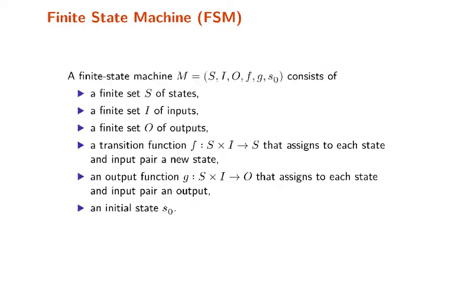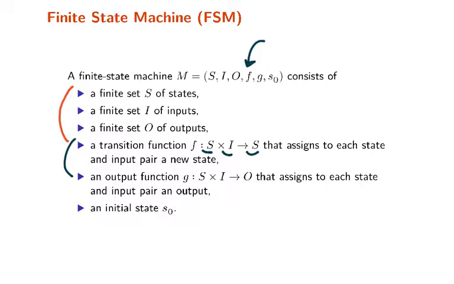More precisely, a finite state machine consists of three sets: a set of states, a set of inputs, and a set of outputs. Also two functions. The first is the transition function, which takes a state and an input and associates the next state.